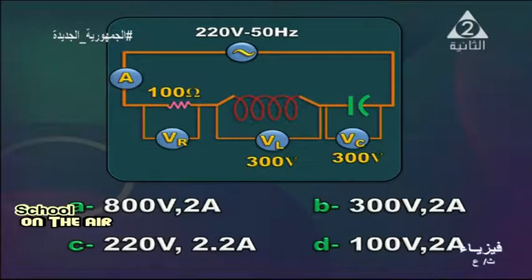Of course, it is 220 volt. This is the voltage across the resistor. It is equal to the voltage of the supply because we've got a resonance state. Current is obtained by dividing 220 by Z. Z in this particular case equals R, and R is equal to 100. 220 over 100 is 2.2. So C is the right answer.